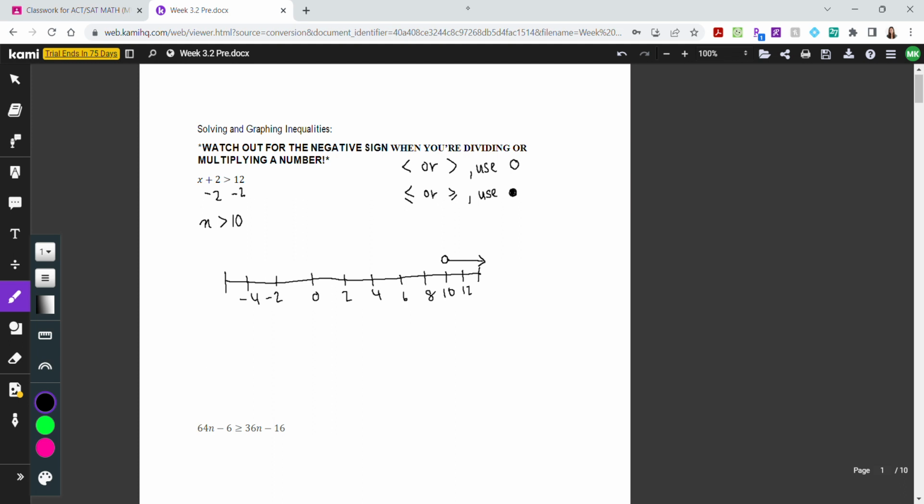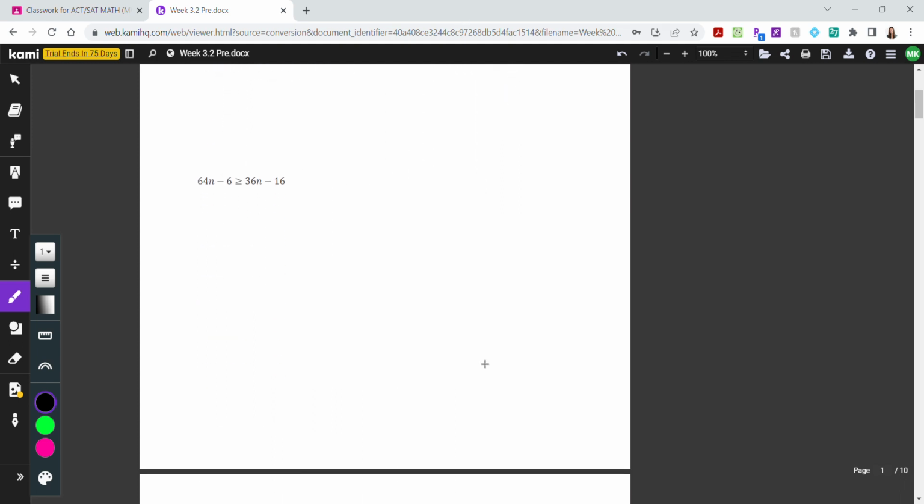Now the next example would be this. Same thing, we want to group the like terms so that in the end we isolate the variable. So we're going to add 6, subtract 36n from both sides.